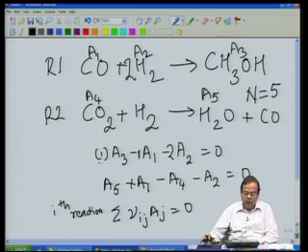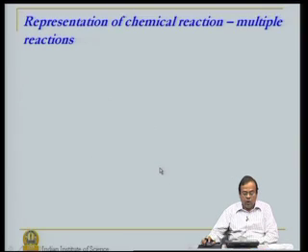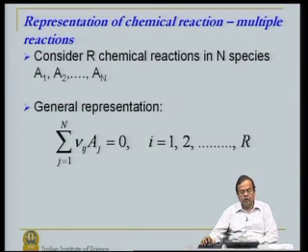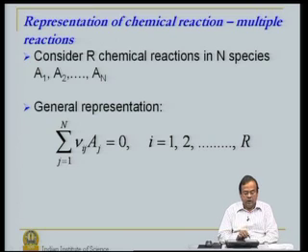ith reaction, and we now therefore have for multiple reactions, that is we are considering R chemical reactions in n species, between A1, A2, A3, An, and we write this general representation as summation nu ij Aj equal to 0, that is my ith reaction.